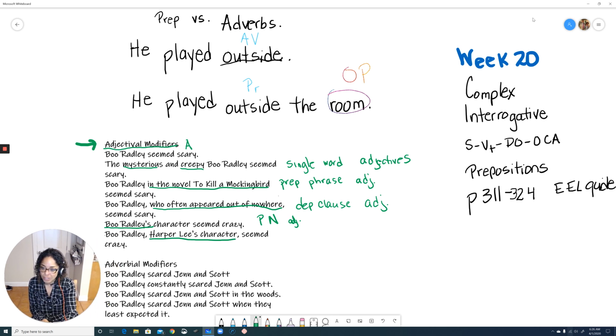We're renaming this subject, so we have an appositive acting like an adjective, right? The appositive is renaming the subject. It's not a true modifier like an adjective, but we've included it here so that you can compare it. It's kind of acting that way, although we do name it something a little different, called an appositive.